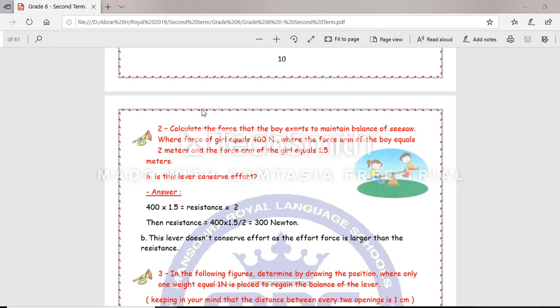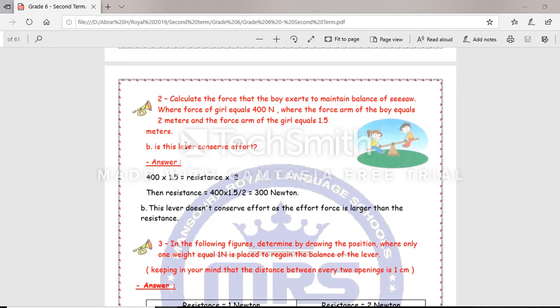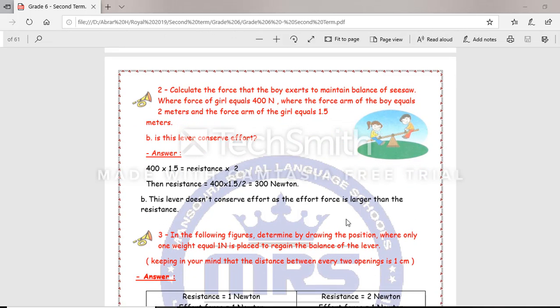Example number 2. Calculate the force that the boy exerts to maintain the balance of a seesaw where the force of the girl equals 400 Newton, the force arm of the boy equals 2 meters and the force arm of the girl equals 1.5 meters. And does this lever conserve effort or not? The answer here, by applying the law of levers: effort times its arm equals resistance times its arm.